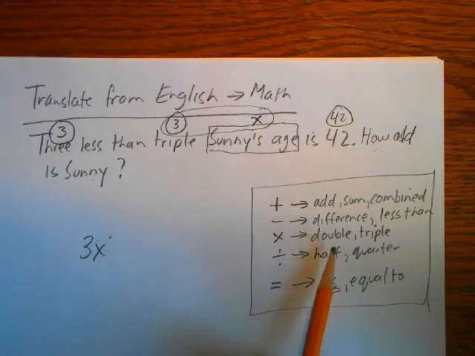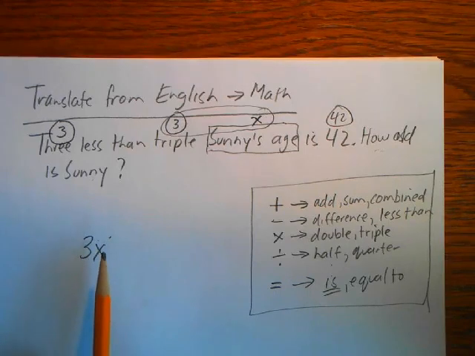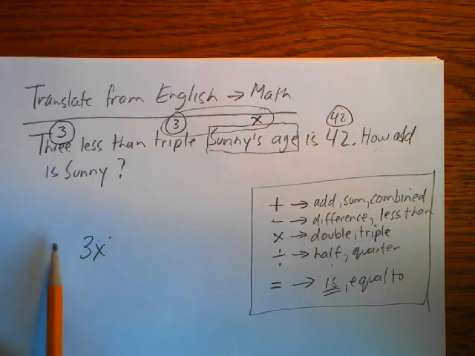Okay, so less than means you're subtracting. When you subtract, you have to be very careful of the order you do it, because unlike adding, the order does matter. So you have to ask yourself, should it be 3 minus 3x, or 3x minus 3?